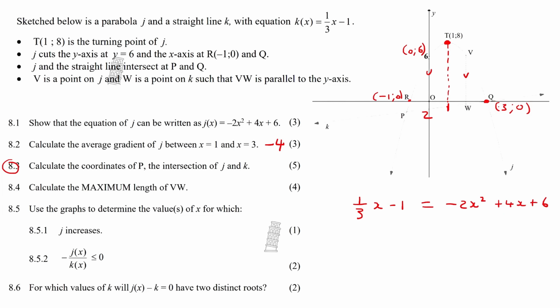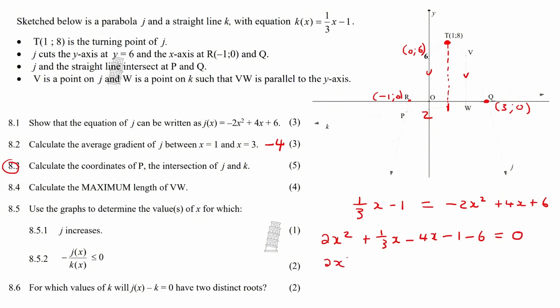By the way, we can see that they intersect at Q, so don't be surprised when you solve this and you get an x value of 3 as one of your answers, and then you'll get a different value for the P. Okay, so I'm going to take everything to the left, so we're going to have 2x squared plus a third x minus 4x minus 1 minus 6 equals 0.